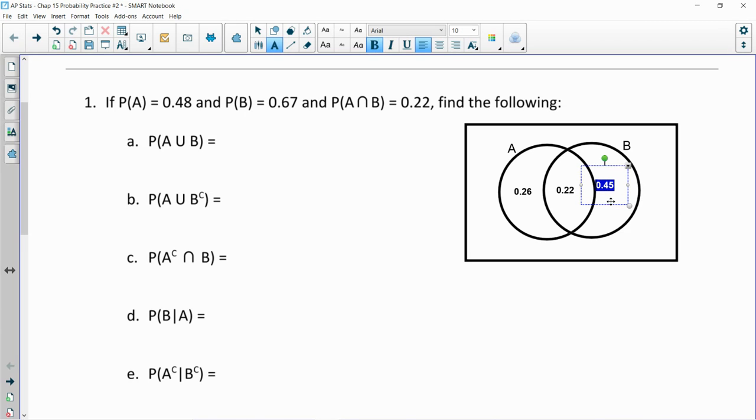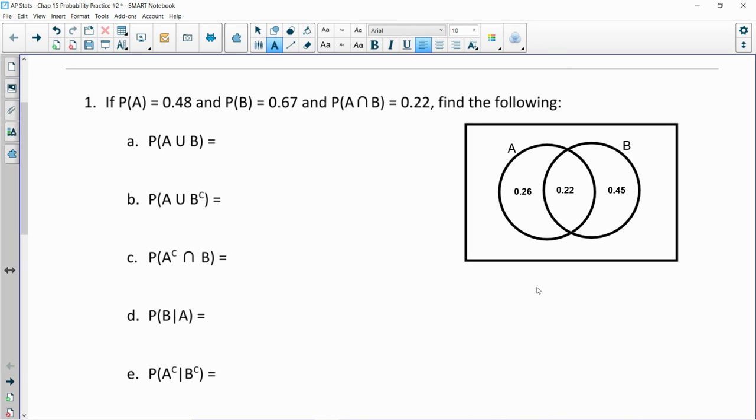So as of right now, we have all the various pieces of both events A and B. But what we don't want to forget is this. There could be the possibility that neither event occurs. Remember, everything inside of the rectangle has to add up to 1.